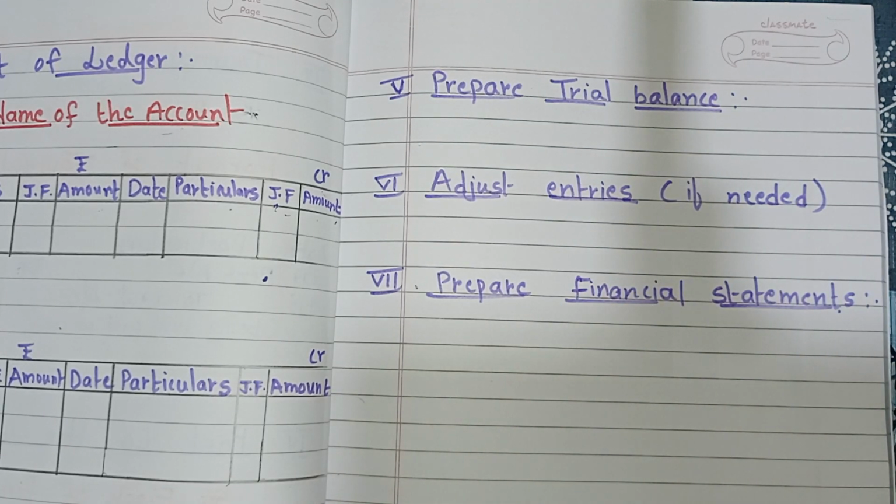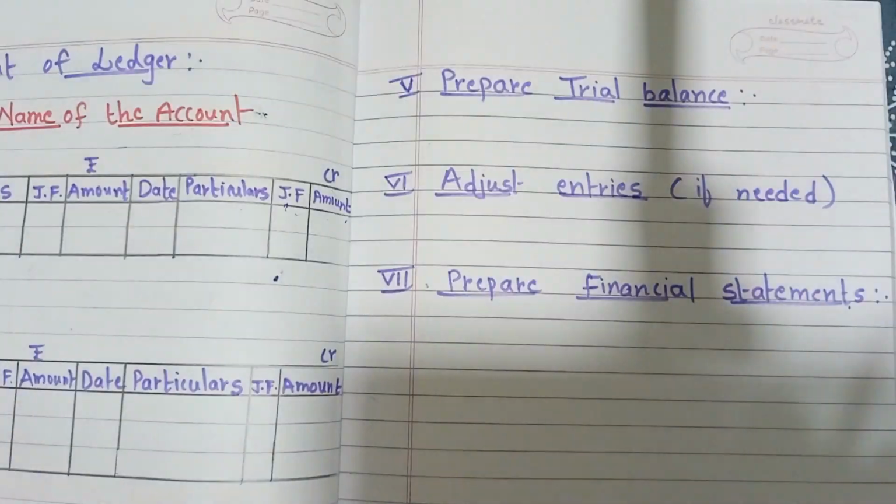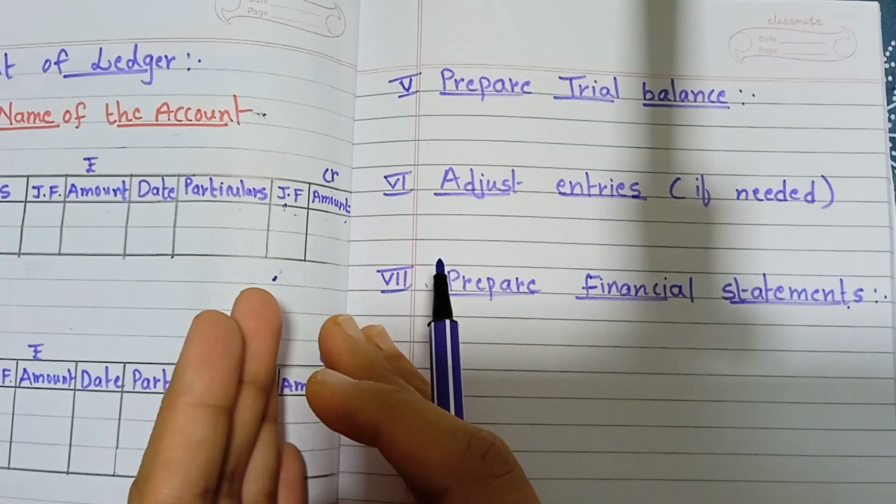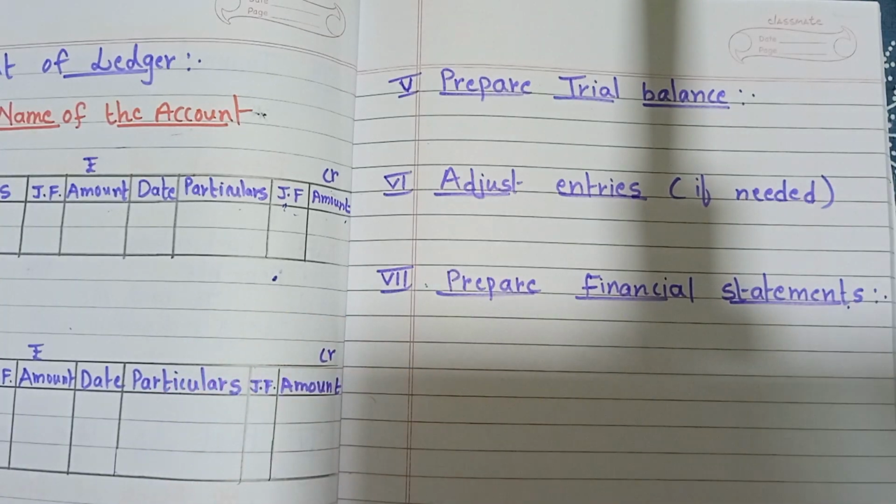So here, after all transactions are recorded, we need to prepare a trial balance to ensure total debits are equal to total credits. Fine.